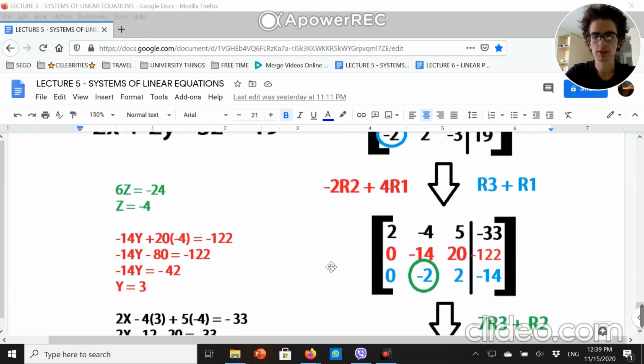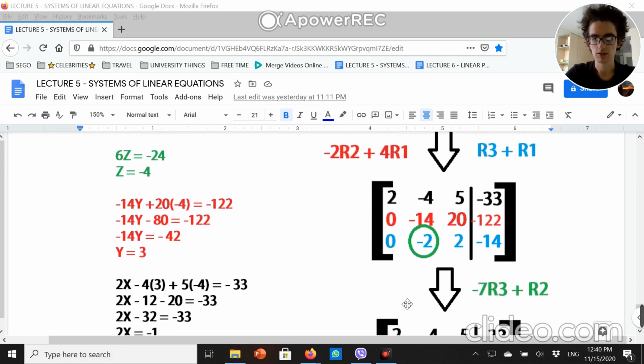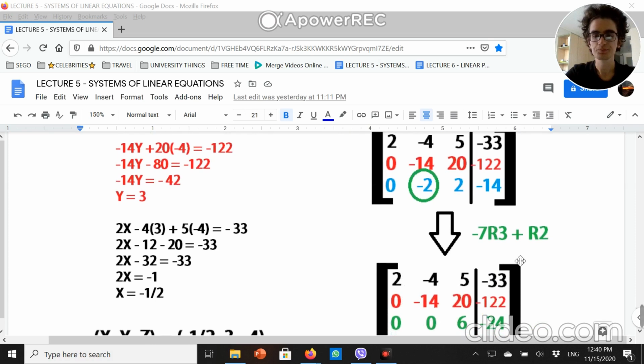So what would we do? Let's take a look at this. We can multiply the third row by negative 7 and then add it to row 2. So what would it look like? Negative 7 times 0 would give us 0, plus 0 would still be 0.